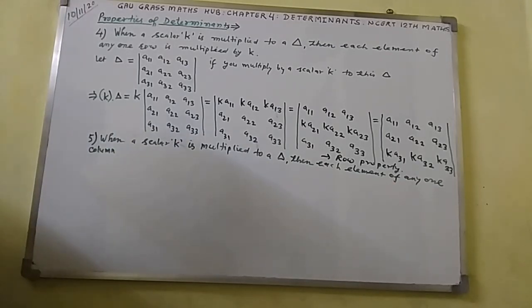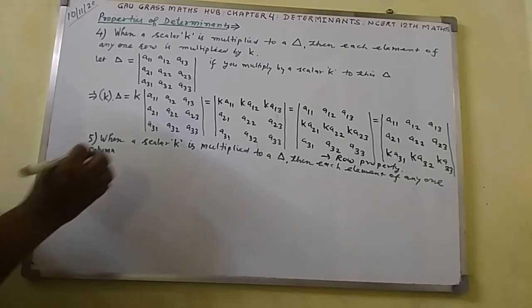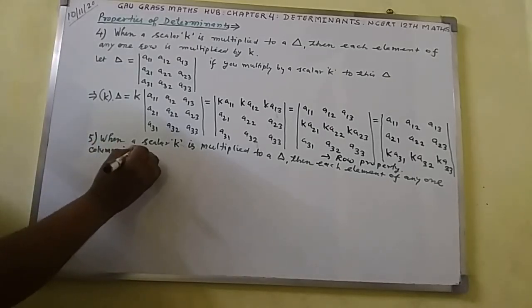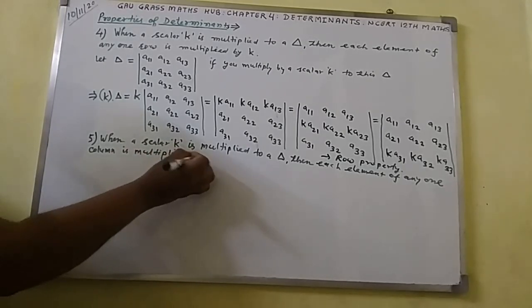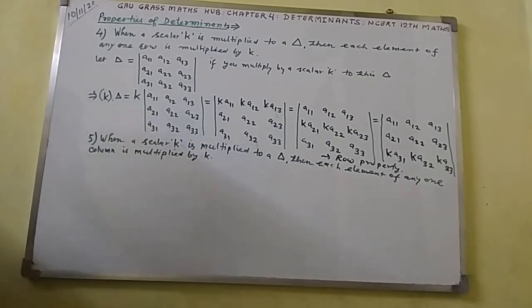When a scalar k is multiplied to a determinant, then each element of any one column is multiplied by k. Let us see.